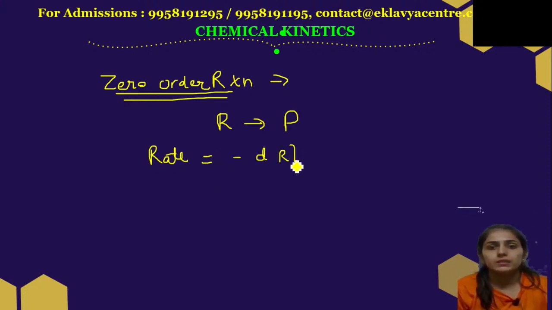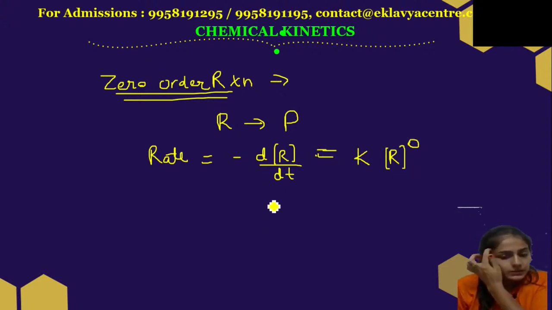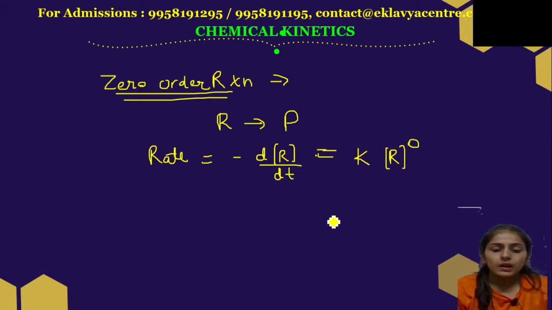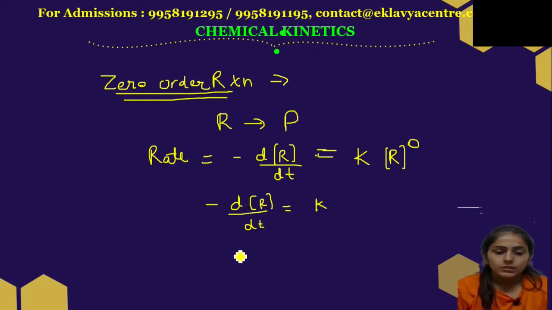We write it as minus d[R]/dt equals the rate law k [R] raised to the power 0. Anything raised to the power 0 is 1. So minus d[R]/dt is equal to k, so d[R] equals minus k dt.